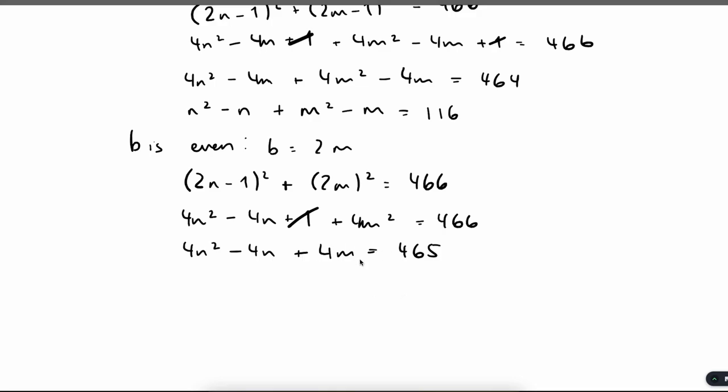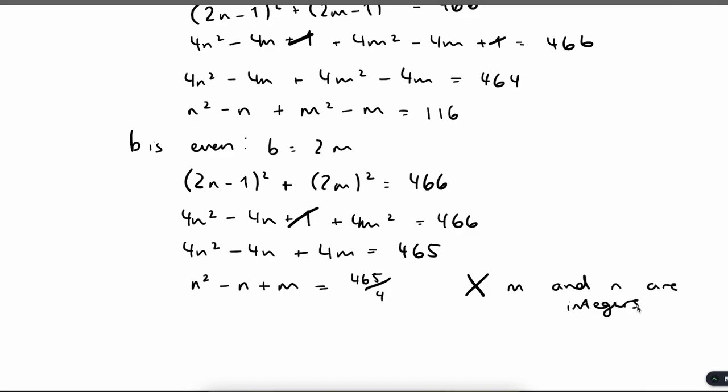The trick is this cannot be divisible by 4 because look, if I divide both by 4, I get 465 over 4 because it's not divisible. But n and m should both be integers. So we'll say reject because m and n are integers.